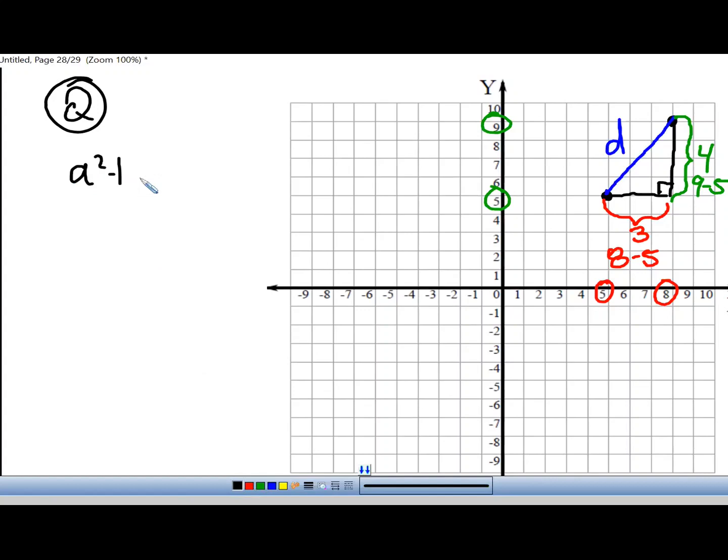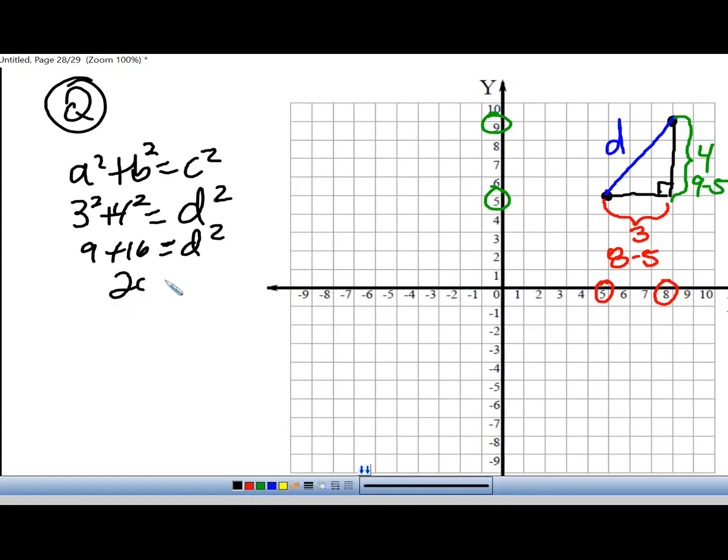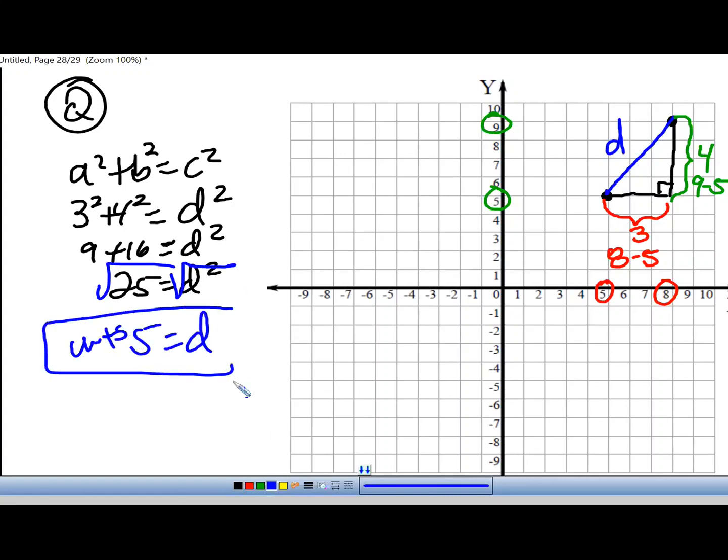A squared plus B squared equals C squared. So we got 3 squared plus 4 squared equals D squared. This is 9 plus 16 equals D squared. 25 equals D squared. And then to solve for D, we take the square root. So 5 equals D. That is in units.